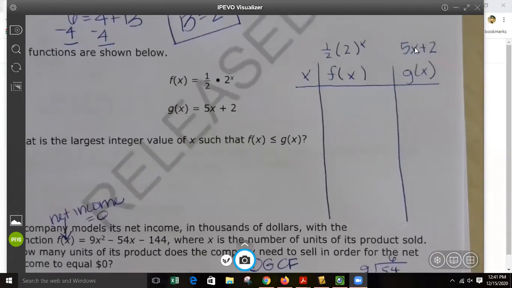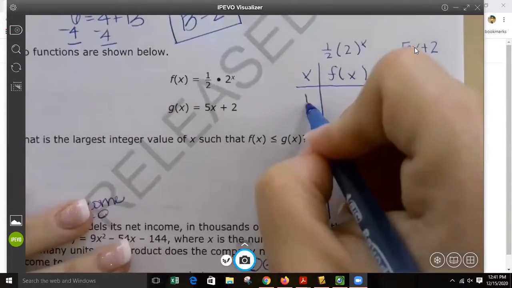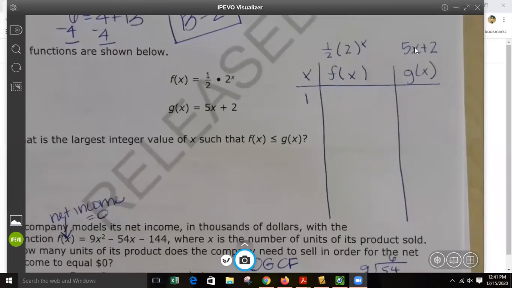So what we're going to do is pick out some x's and plug them in there. You can start with 0 if you want to. It doesn't matter. I started with 1. So I'm going to plug in 1 to each function.